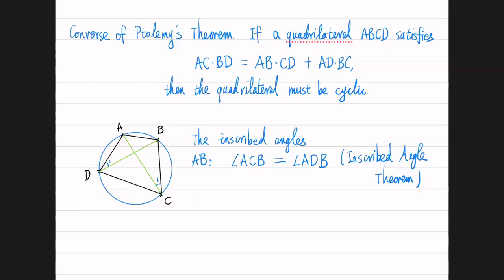We move to BC. What are the inscribed angles for the chord BC? Okay, Kira: BAC and BDC, the two inscribed angles. Kira, what can you say about these two angles?